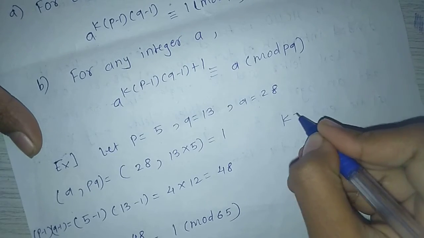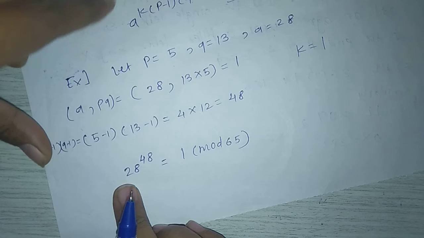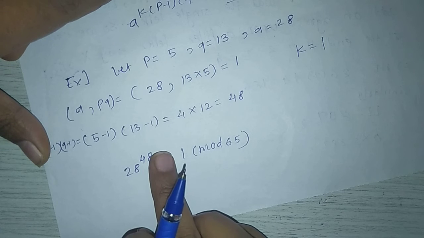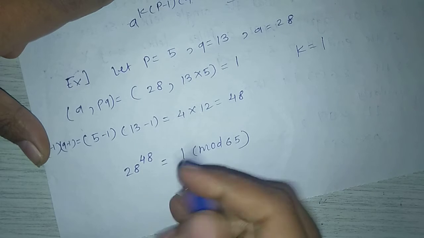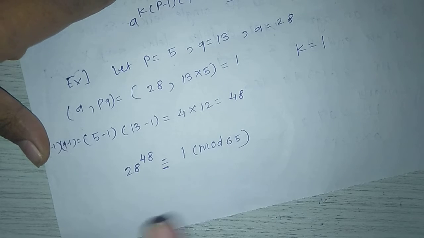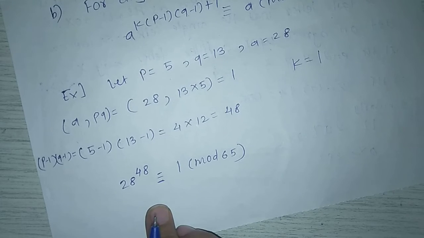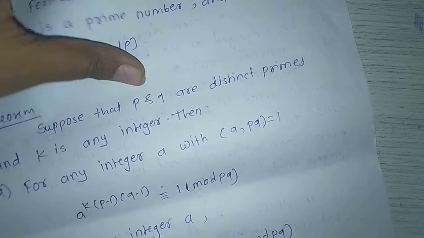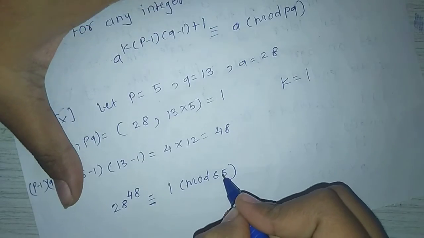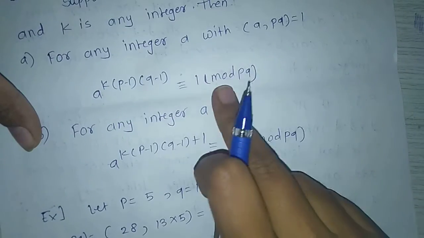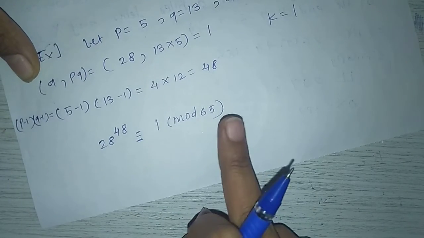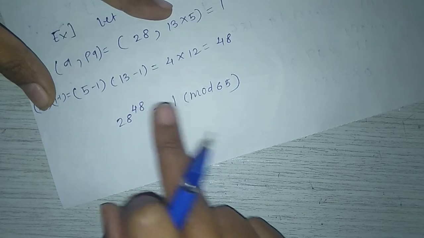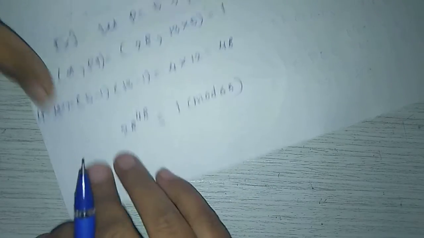Suppose here k equal to 1, then a raised to k into (p minus 1) into (q minus 1) is nothing but 48. So 28 raised to 48 is congruent to 1 modulo 65. Sorry, not modulo 48, it is modulo pq. Here pq is 13 into 5, 65. So 65 is right: 28 raised to 48 is congruent to 1 modulo 65.